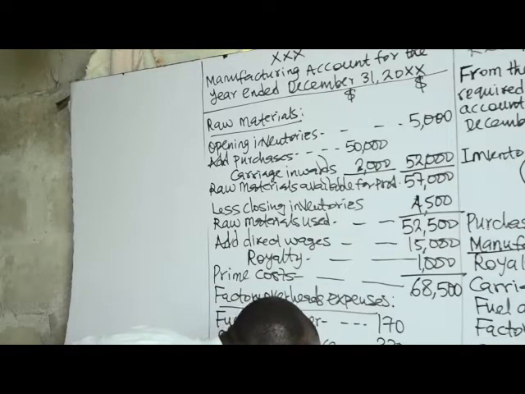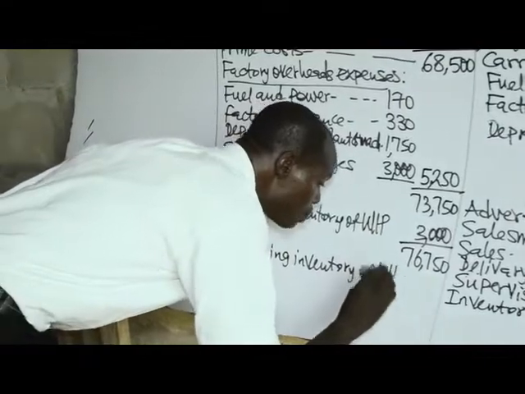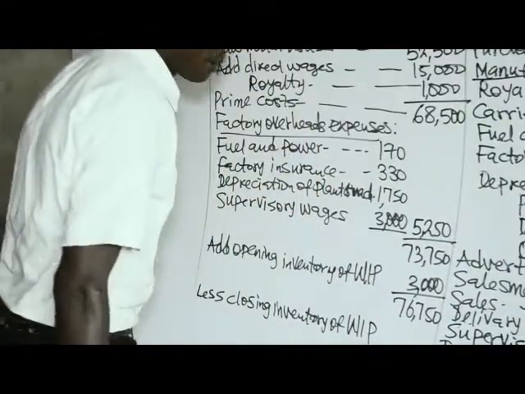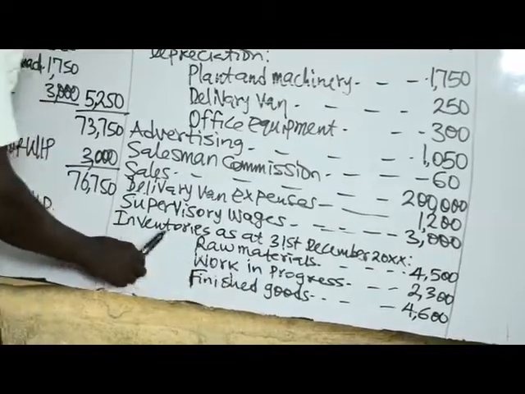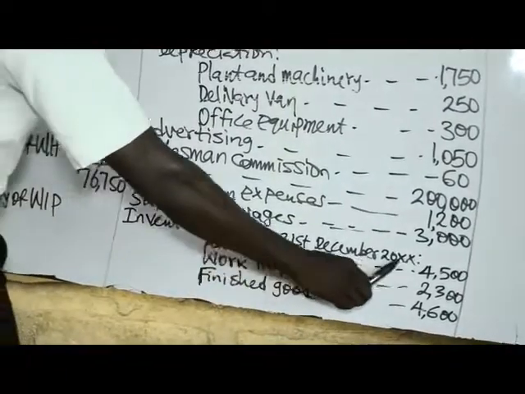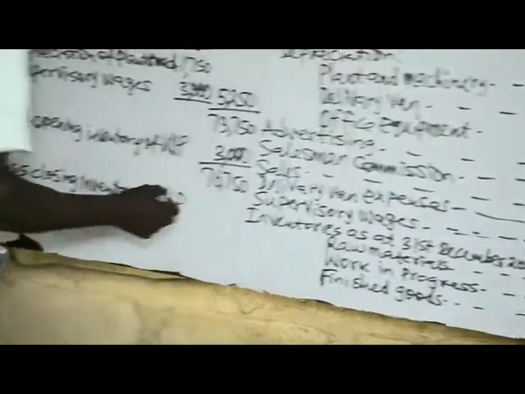If you add the 3,000, then you have 76,750. Then you also less the closing inventory of work in progress. Now back to the question. You have inventories as at December 31st, 20SS. Work in progress, that is $2,300.